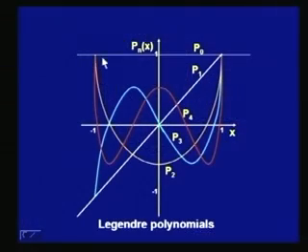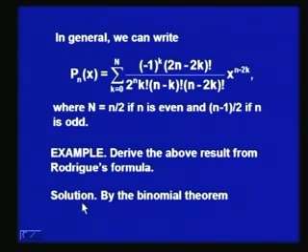In this picture we see that P_0(x) is equal to 1, this is the straight line, and then we have P_1(x) equal to x, that is the line.